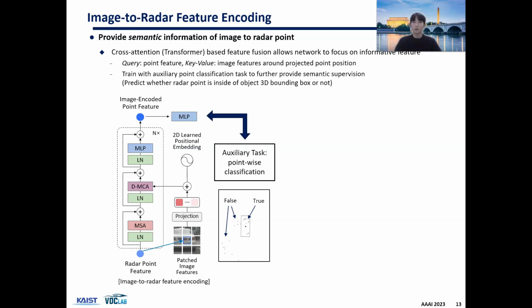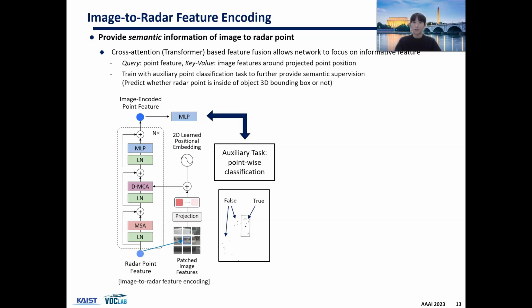In addition, we designed an auxiliary task and loss to train this module more effectively. We add shallow MLP layers with a sigmoid activation at the last layer and make it predict whether a radar point is inside the 3D bounding box or not.